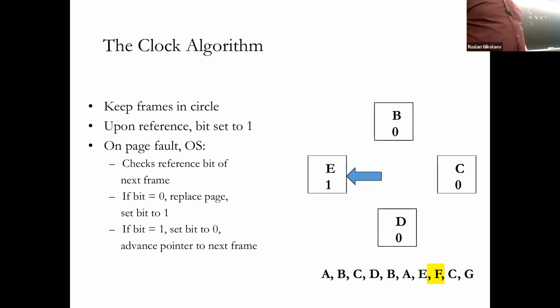In LRU, we actually maintain the entire history of how far away that page was. For example, page A has timestamp 4, and maybe page B has timestamp 700 or something like this. Based on this, we can say when it was actually accessed.